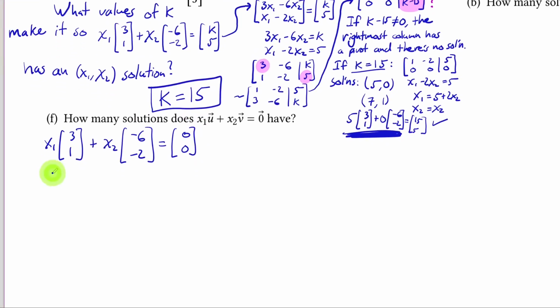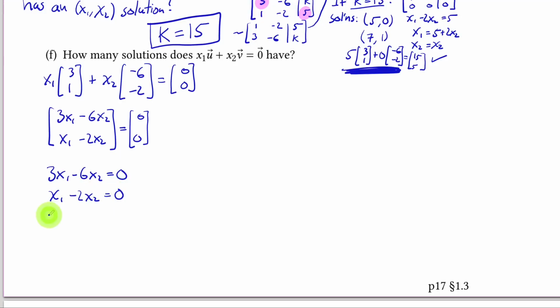We can apply the definition of scalar multiplication and say the vector on the left is 3x1, 1x1, and we're adding that to the vector on the right, which is negative 6x2, negative 2x2. We want that to be equal to the vector 0, 0. And the only time these vectors are equal is when the two components are simultaneously equal.